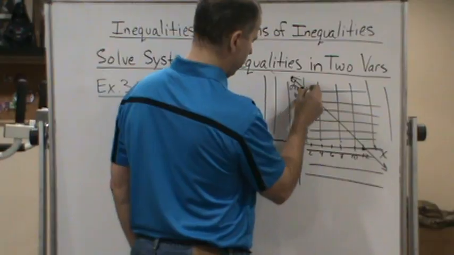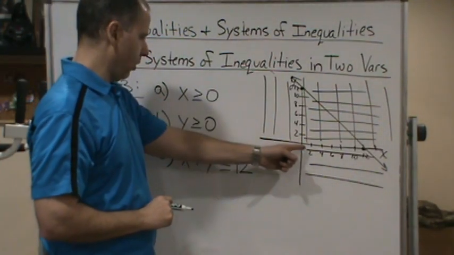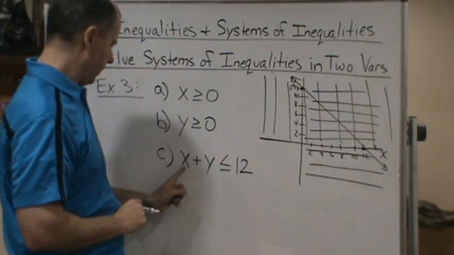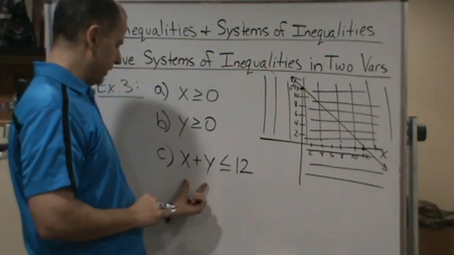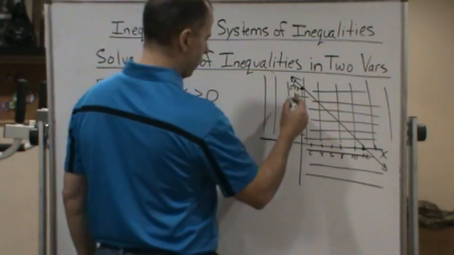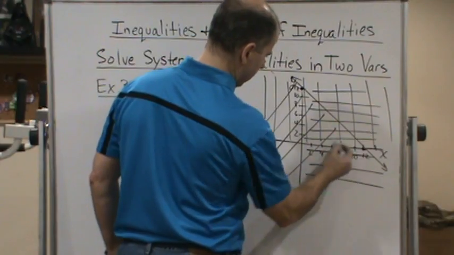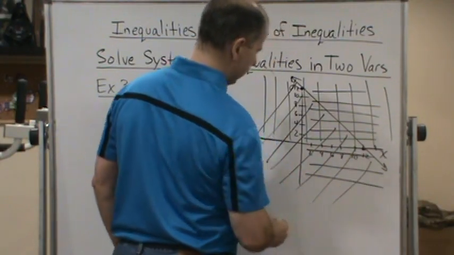And so this is going to go like that. Okay? And then of course, if you plug in the origin as your test point, 0 plus 0 is 0, and we get 0 is less than or equal to 12, which is true. So that means we're going to be everything on this side of the line. Okay?